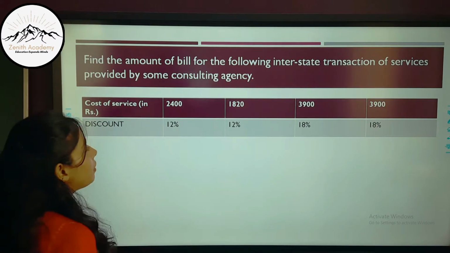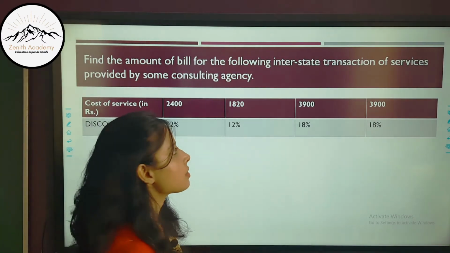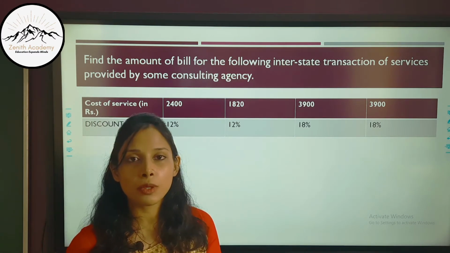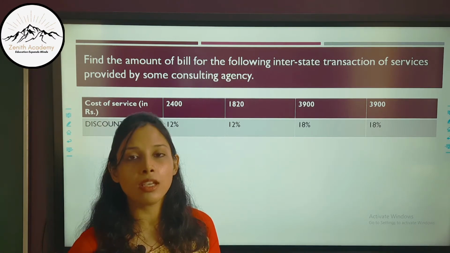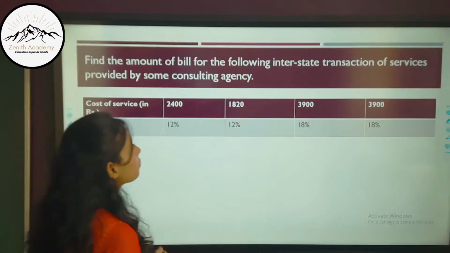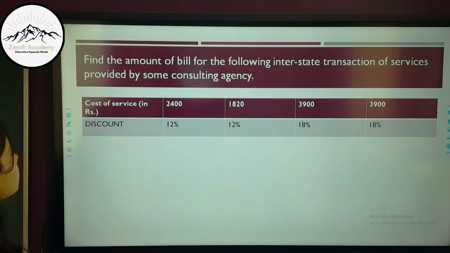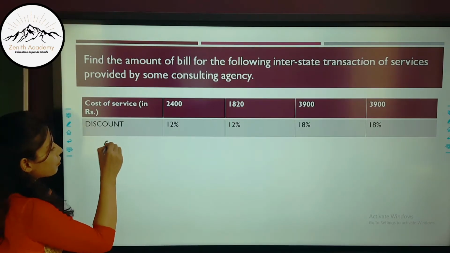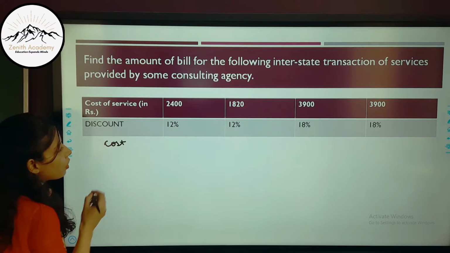Find the amount of bill for the following interstate transaction. Interstate transaction means the tax which will be charged is the integrated GST, or IGST. So here we need to calculate only IGST. This is an interstate transaction of services provided by some consulting agency. So let's have the first column as cost.